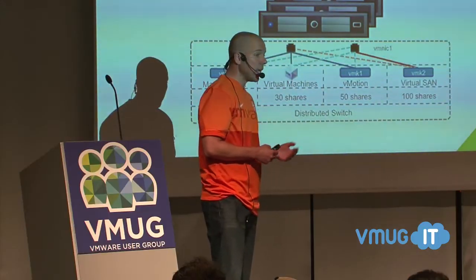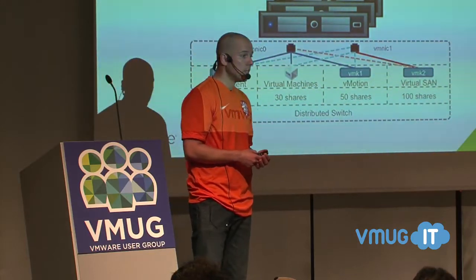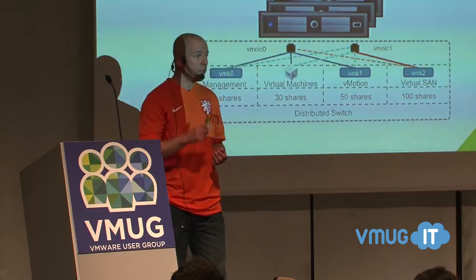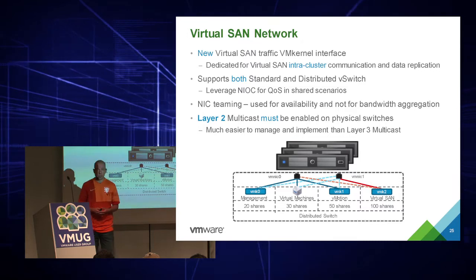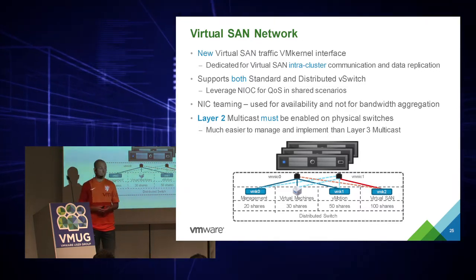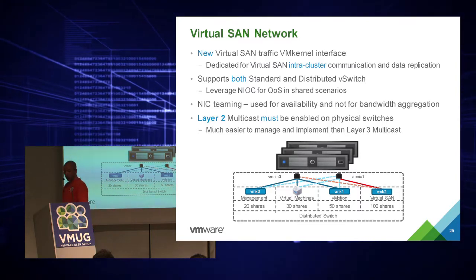One key thing to keep in mind here is that virtual SAN requires layer 2 multicasting. I don't know if there are any networking people in the room. Typically when we mention layer 2 multicasting, the network people aren't too happy. Unfortunately, it's the requirement today. It's something that's being looked at in the future to see how we can ease this, or change it so that the requirement isn't there anymore.